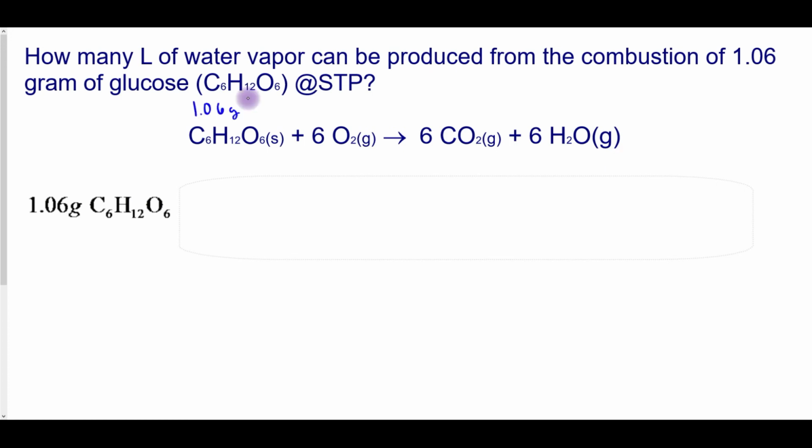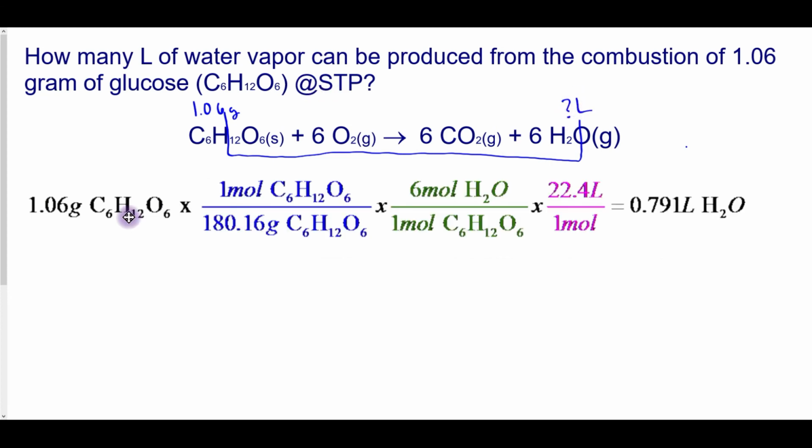There's 1.06 grams of glucose, and I need to have water. So that means I need to use my mole ratio. And then I need to know how many liters at STP. Starting with grams, I know I need to get to moles. So I go to the periodic table and find out that glucose molar mass is 180.16 grams per 1 mole of glucose.